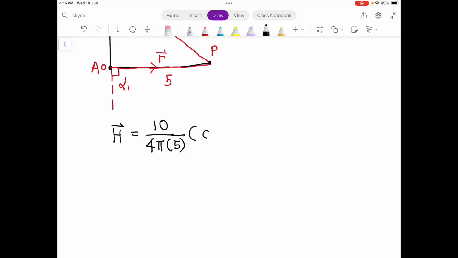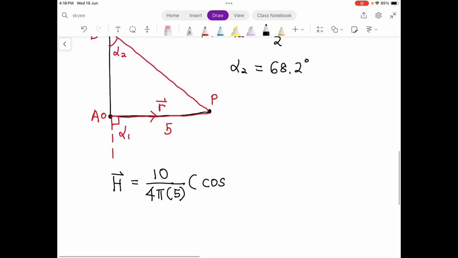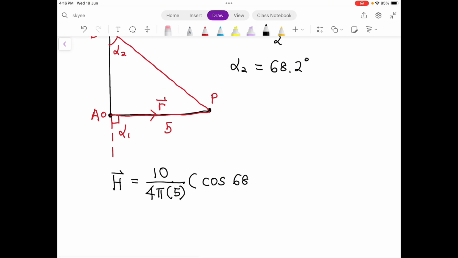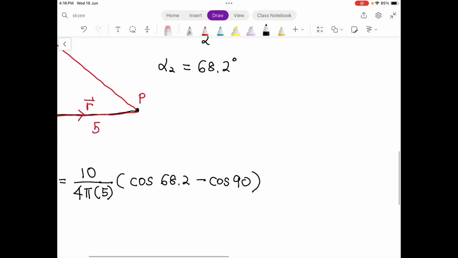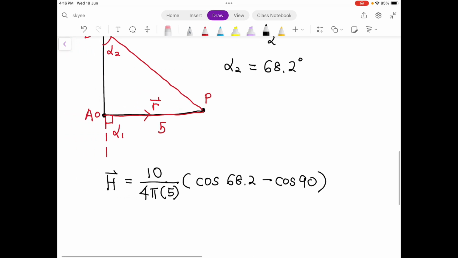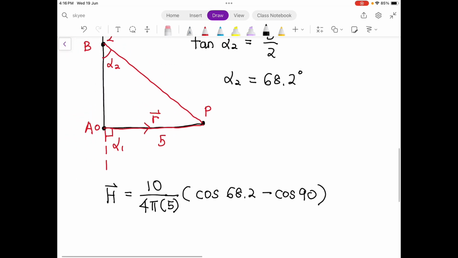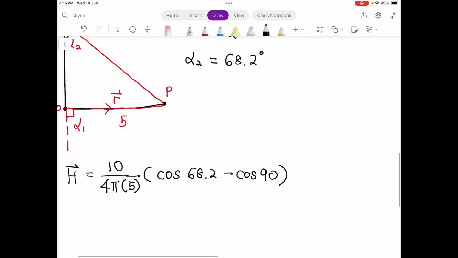And then we have cos alpha 2, which is cos 68.2 minus cos 90 degrees. As for the phi direction, it is dl cross unit vector r. Our current flows in the positive x direction, so it is x cross with z. This one is the r, this one is dl, cross with the r.